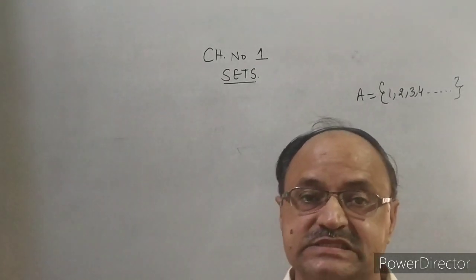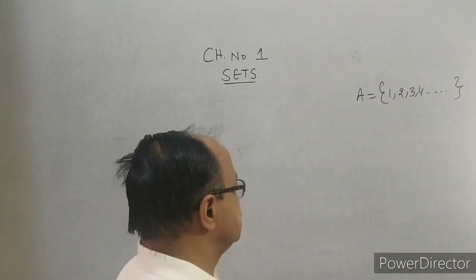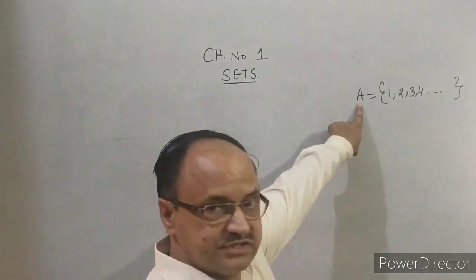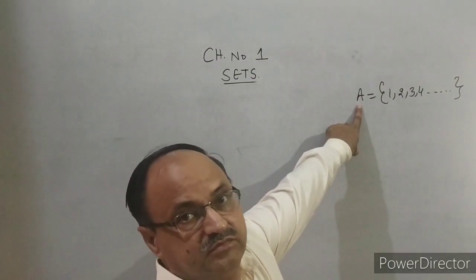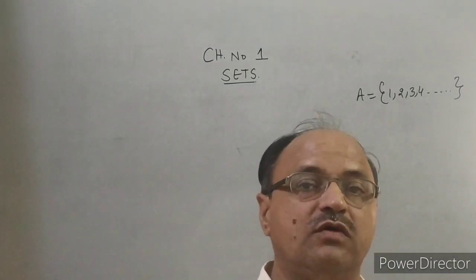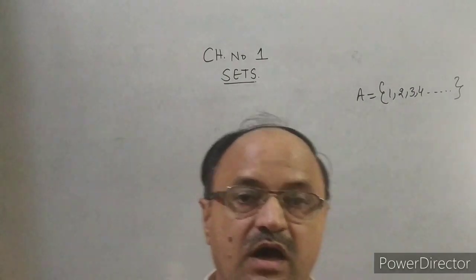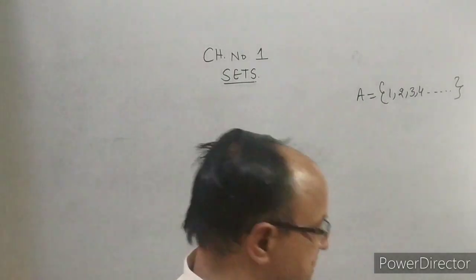Clear? Sets are generally denoted by capital letters: capital A, capital B, capital C. But the elements of sets are represented by small letters: small a, small b, small c.